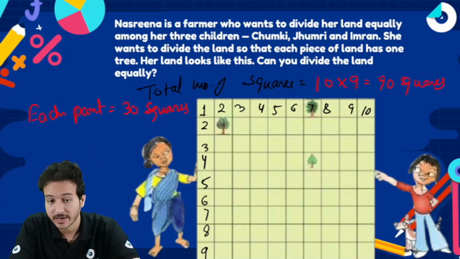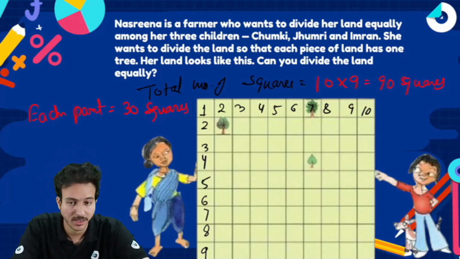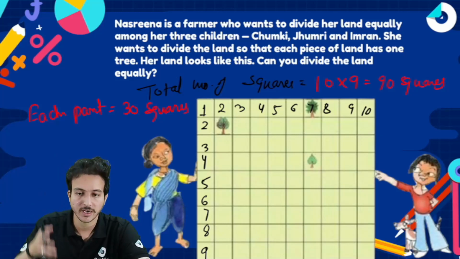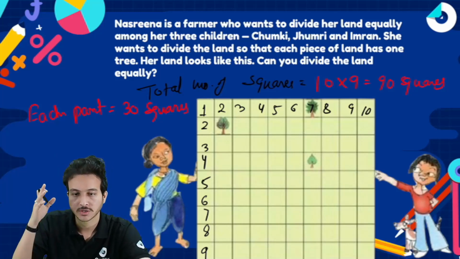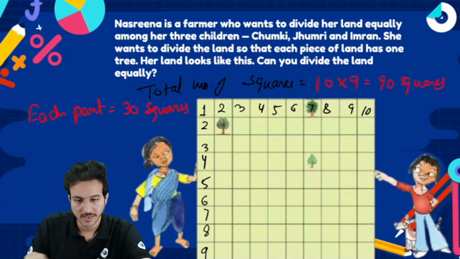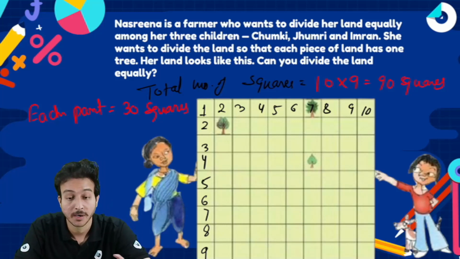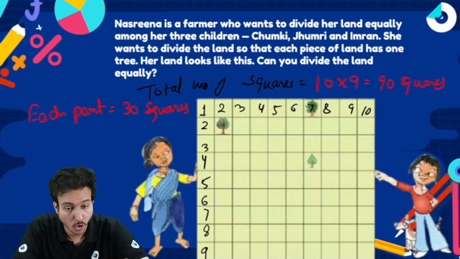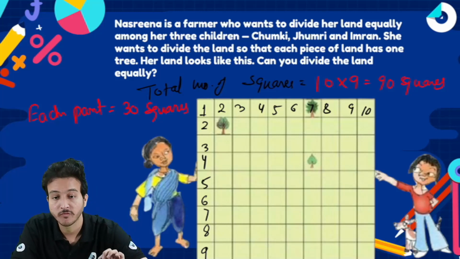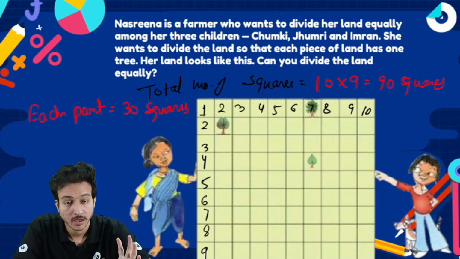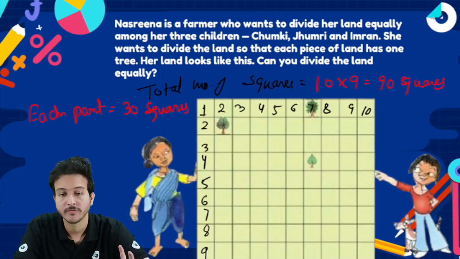So equally divided by 3, but that's not the only condition. Otherwise you could divide it along 3 rows each, but you need to divide it so that each of them will get a tree. In order to divide that, we will divide each and every single square.